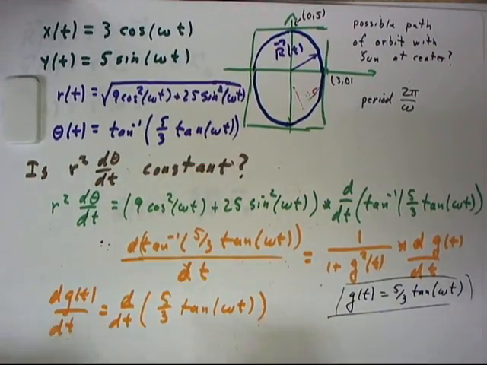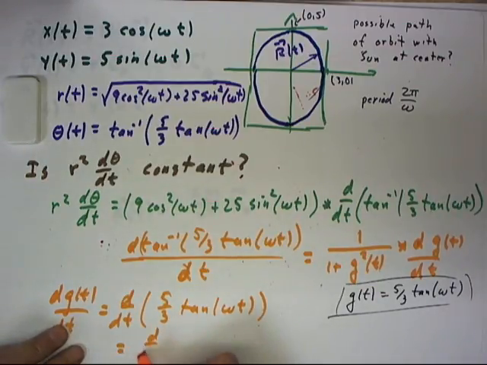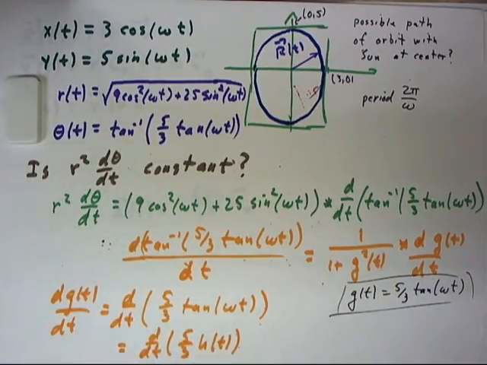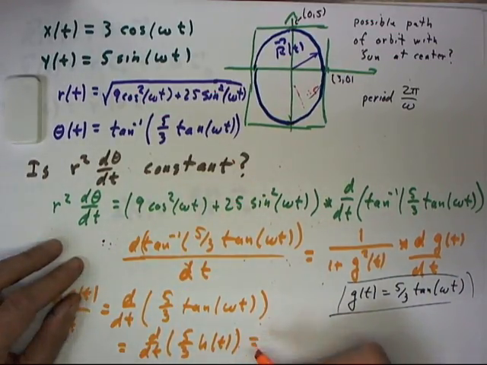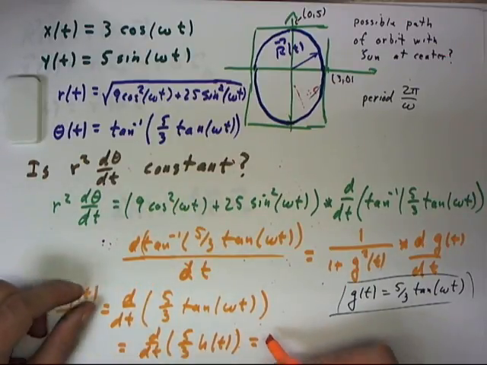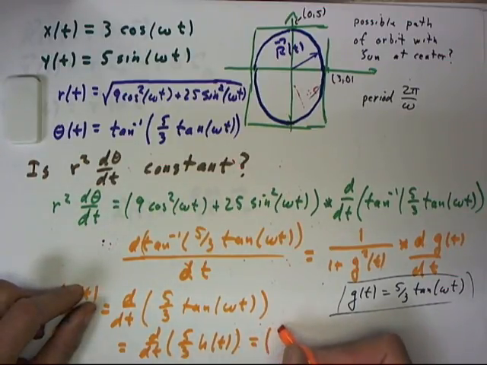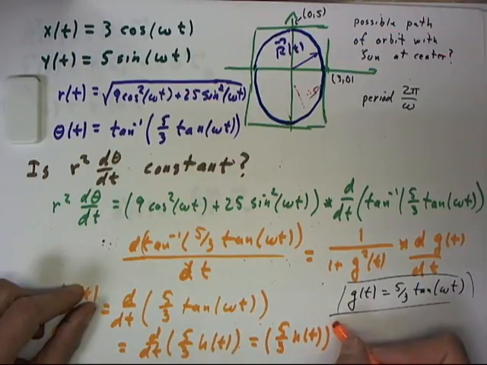Now, we can write that as the derivative with respect to t of 5/3 h of t, and that's going to equal 5/3 h of t prime.